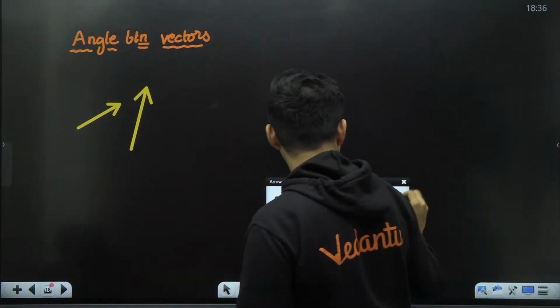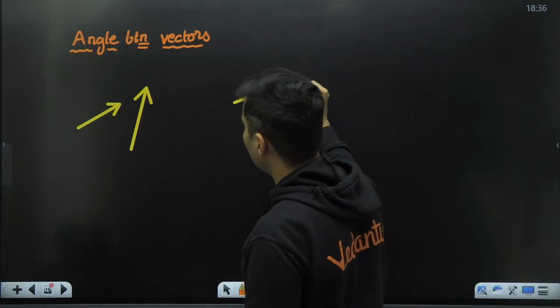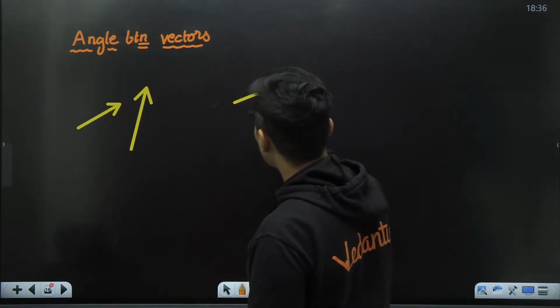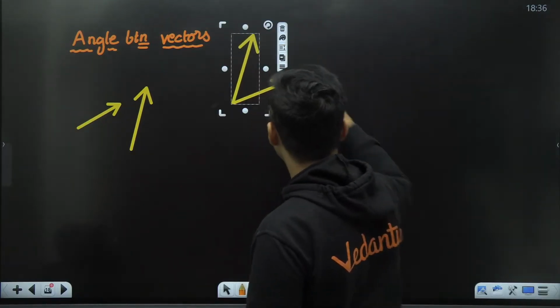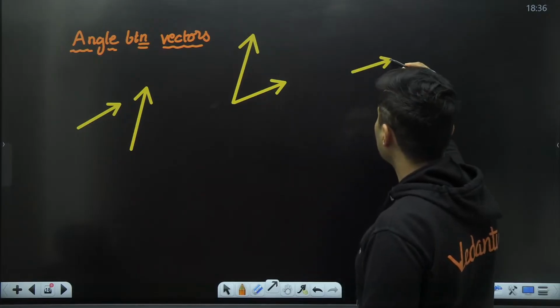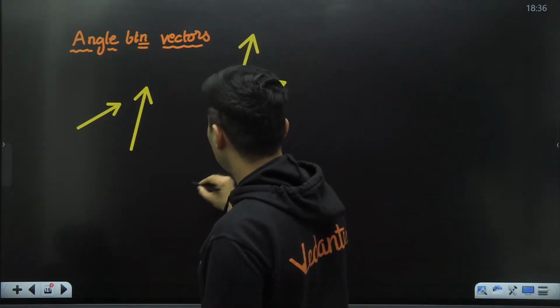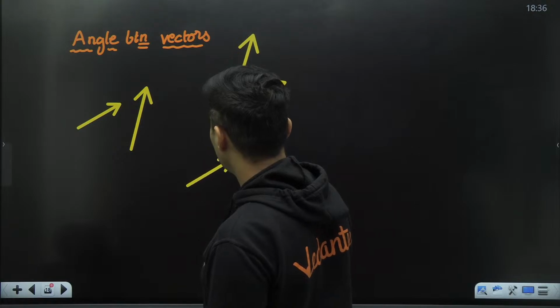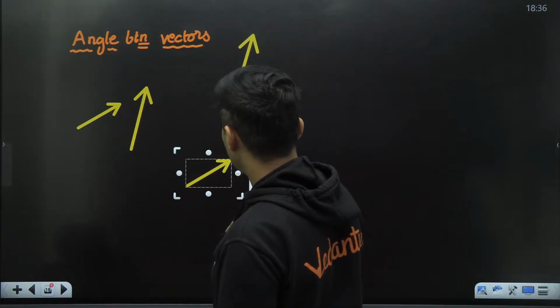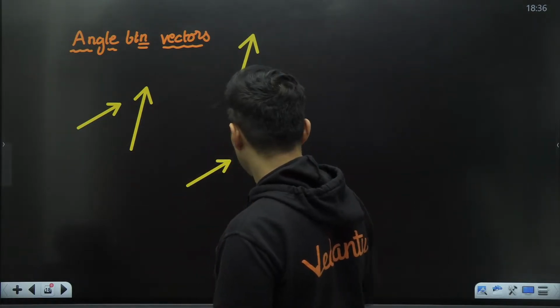So let's move them. One way is this vector is as it is over here and the other vector is over here, or this vector is here and this vector is here, like this.